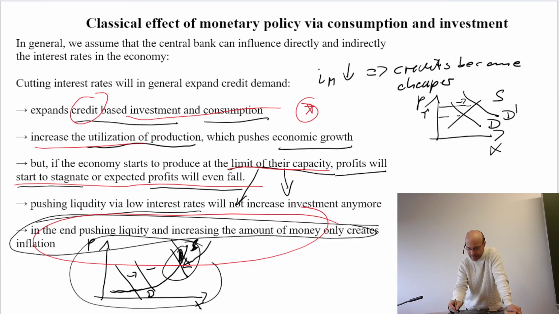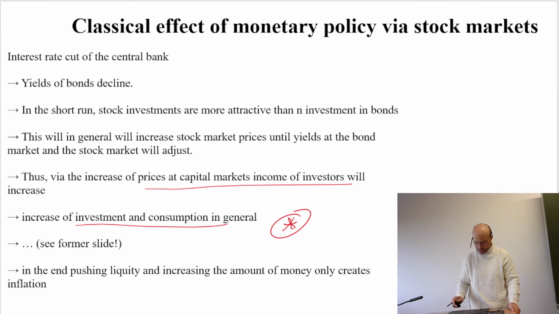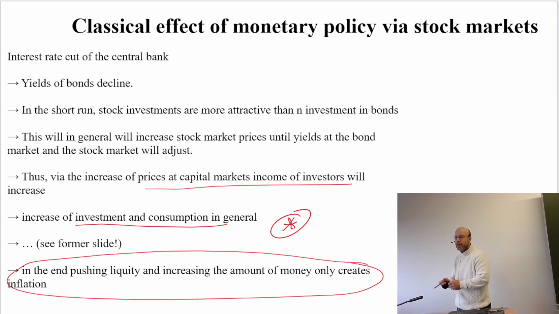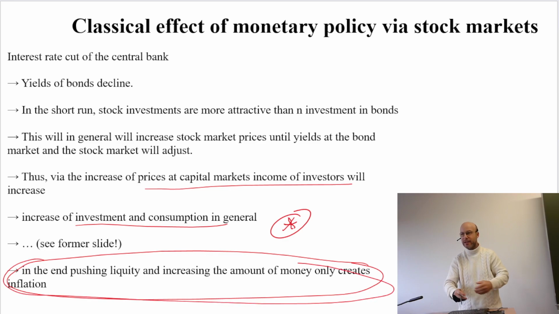But if we are then at the limit of the capacity of our economy, again, we have to be careful, because otherwise, in the end, this money creation process via low interest rates will only increase prices. And yeah, maybe especially in Europe, we haven't seen this point, that there was this danger last year and we still didn't do anything against it.